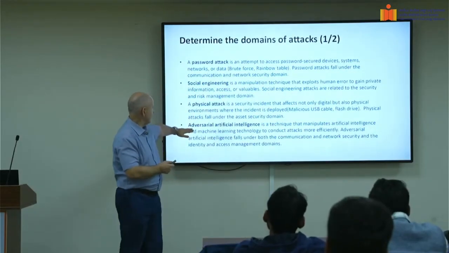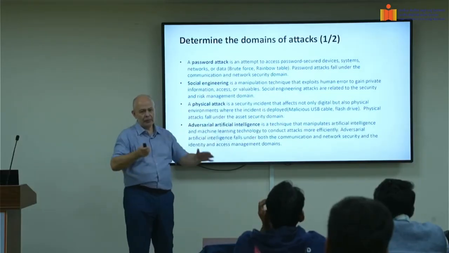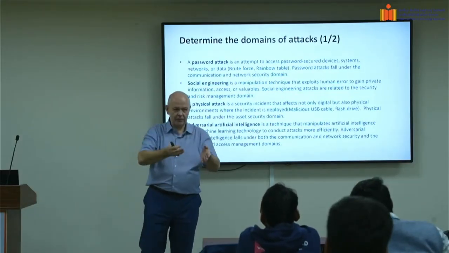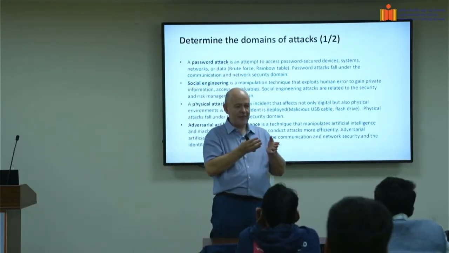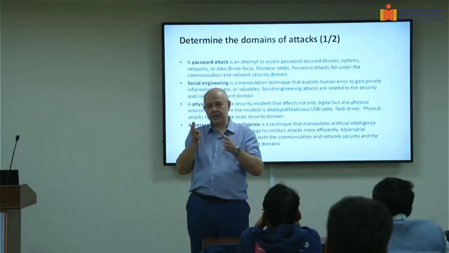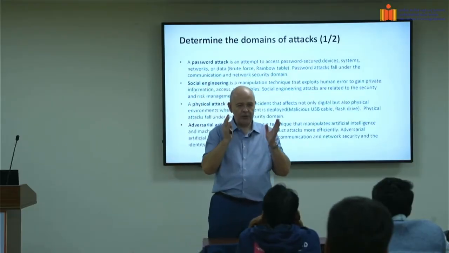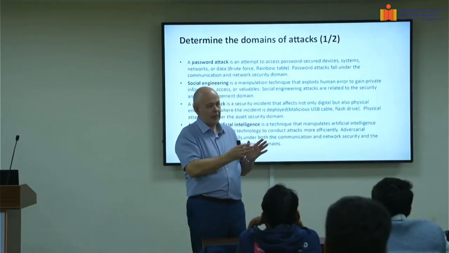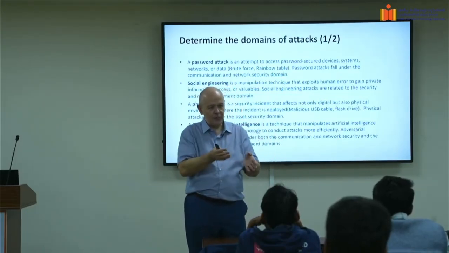And very important now, adversarial artificial attacks. Now we go to the other world, the AI-based world. The main attacks are now against AI mechanisms. We could change the data for training. We could change the model for AI.